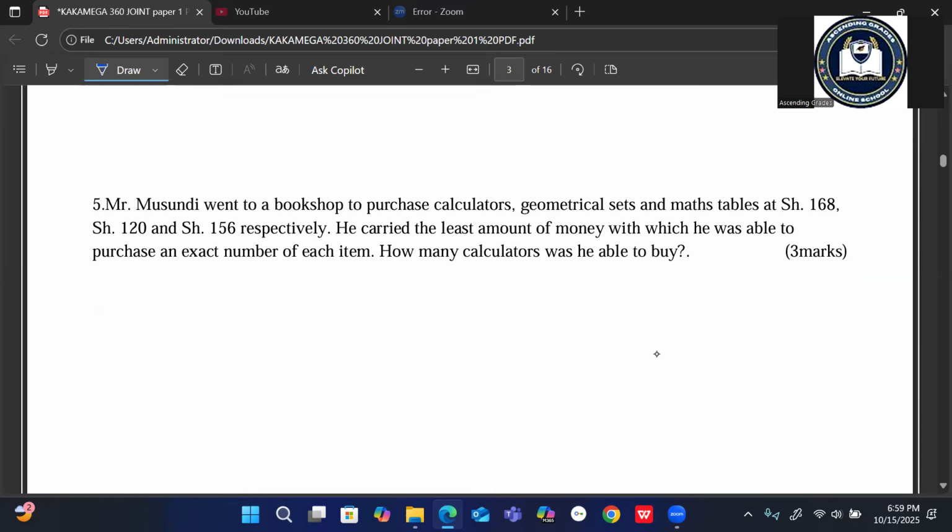So when we look at the question, it needs us to do the LCM of 168, 120, and 156. So we have 168, 120, and 156.